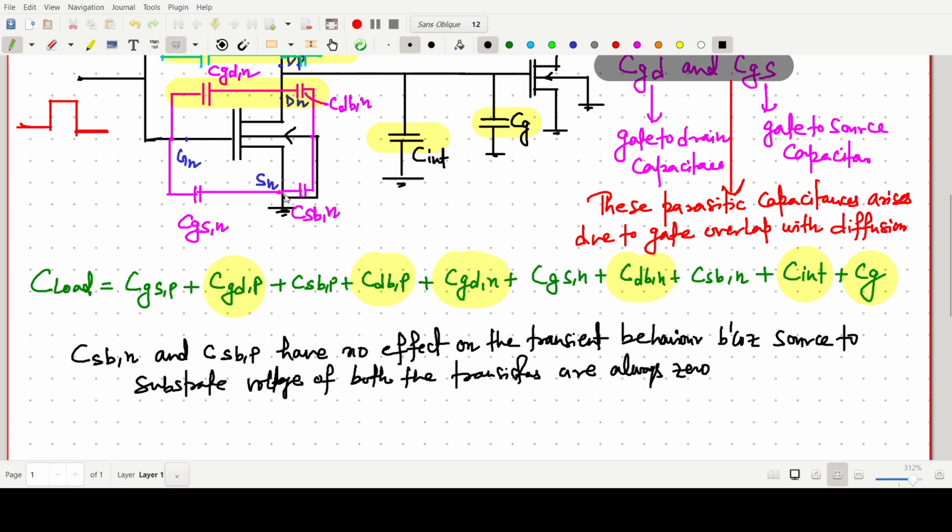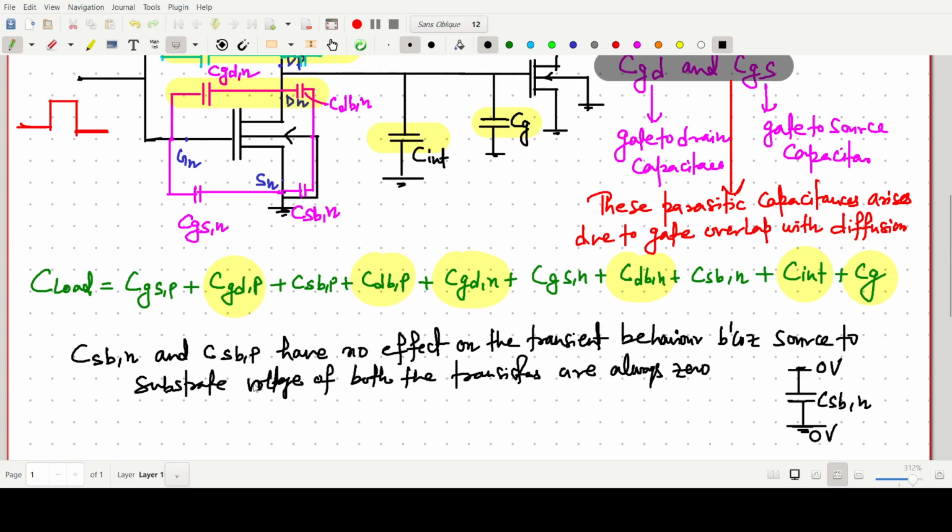We can see that this one is our CSBN. This end is connected to ground, 0 volt. This is the source terminal, and source and bulk have the same connection, connected to 0 volt.